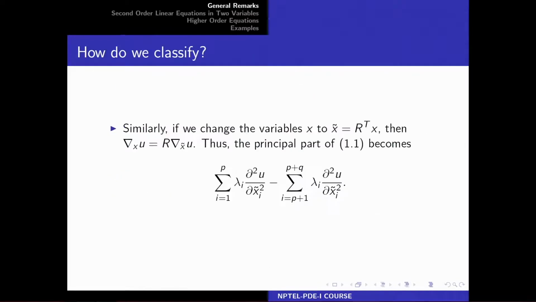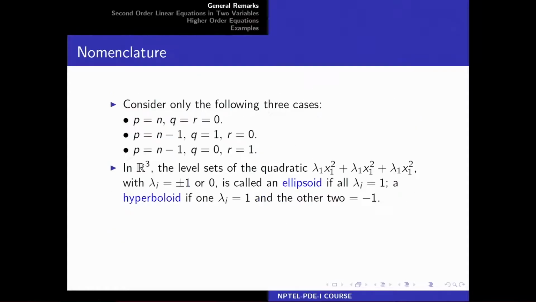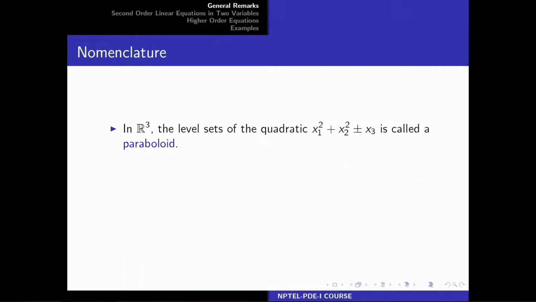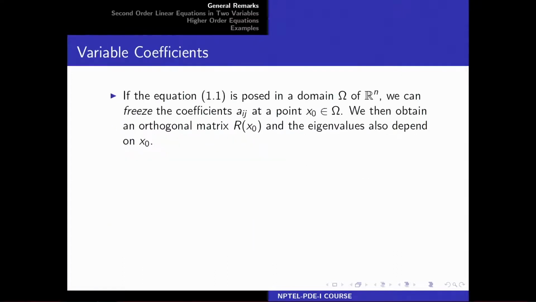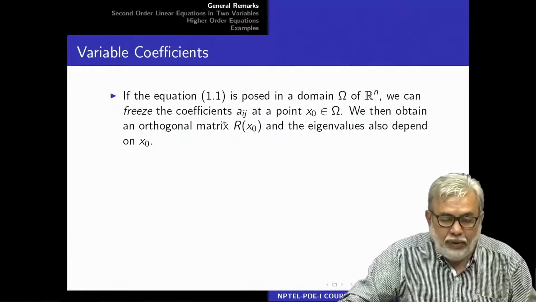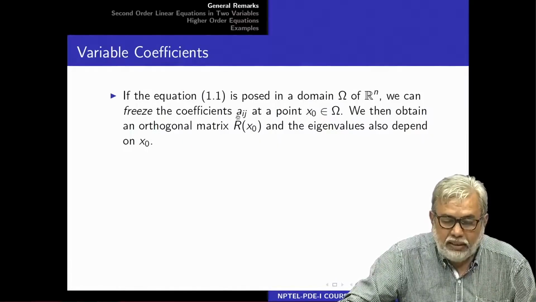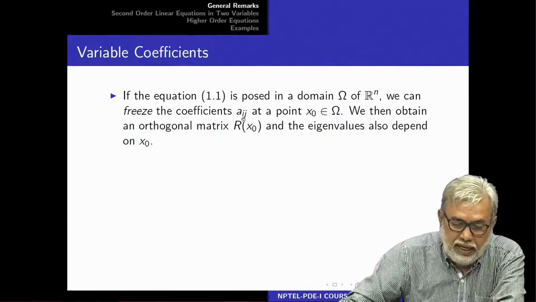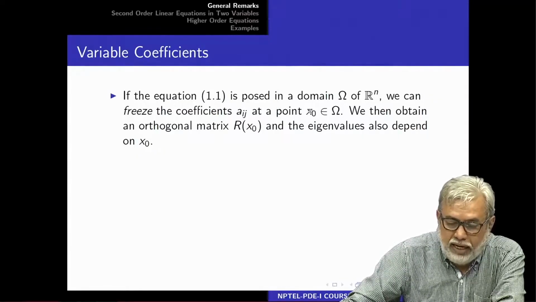How do we classify now? If we want to imitate what we did for the constant coefficient case, what we can do is freeze the coefficients at a point x 0 in that open set, and then you get a constant matrix, namely a i j of x 0. So, evaluate all a i j's at this point.